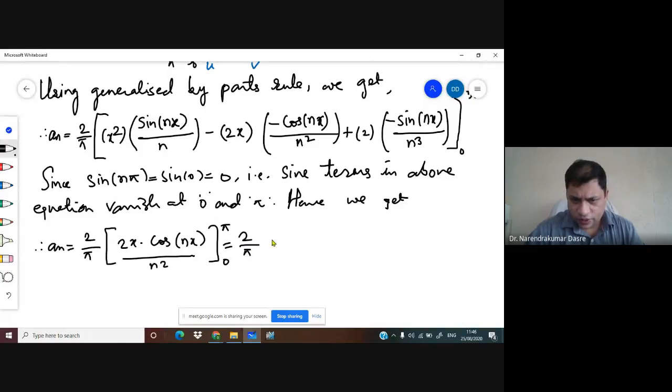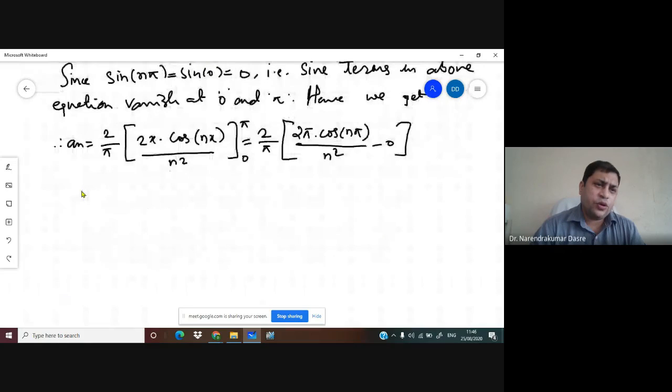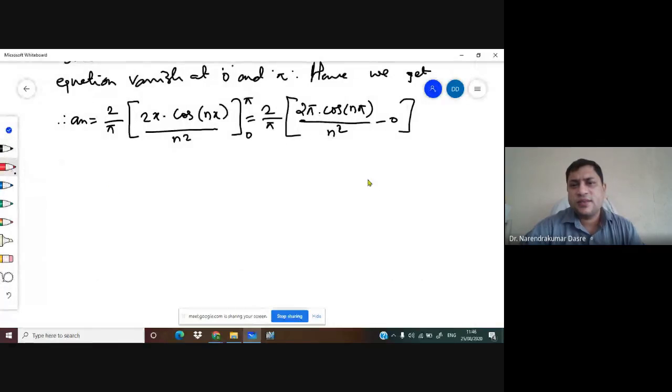So what we'll get is 2 upon pi, 2 pi cos of n pi upon n square, and minus this is 0, because when you put x is equal to 0, this term will turn out to be 0 and hence the entire term goes 0.